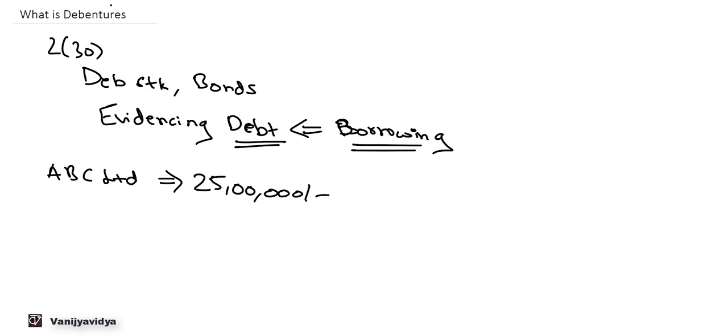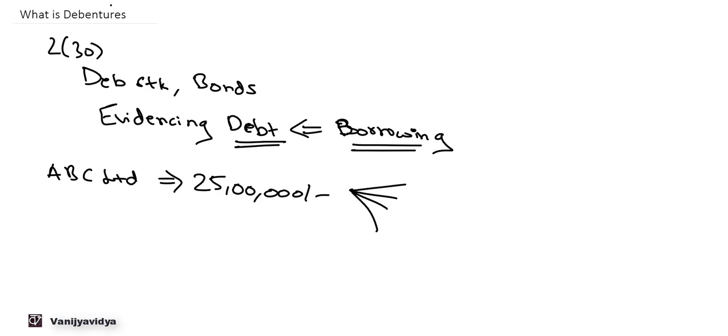Or one more option is that ABC Limited may issue debentures or bonds at a fixed rate of interest, which we also call the coupon rate, and this may be bought by the public, and thus the funds can be raised through debentures.